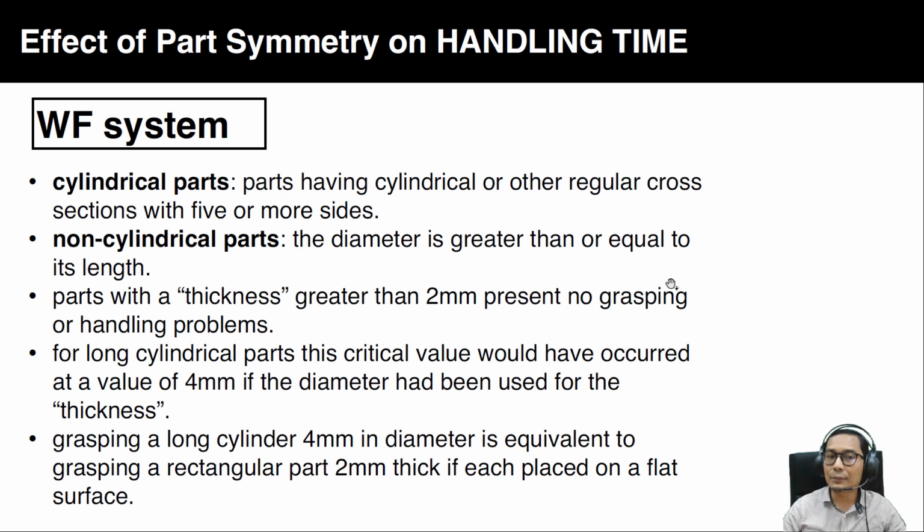But for long cylindrical parts, this critical value would have occurred at a value of 4 millimeters if the diameter had been used for the thickness. So grasping a long cylinder of 4 millimeters in diameter is equivalent to grasping a rectangular part of 2 millimeters thick if each is placed on a flat surface. So this is the condition.